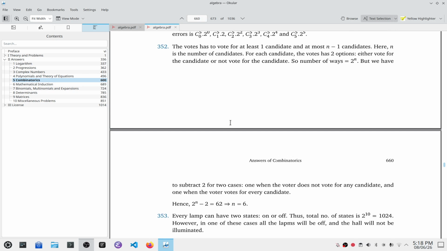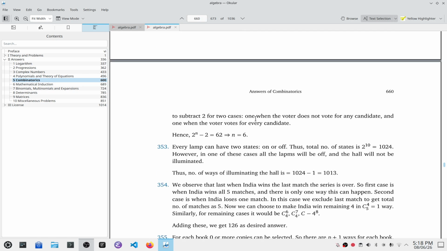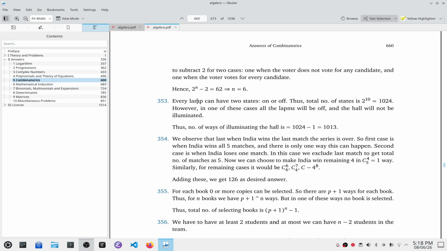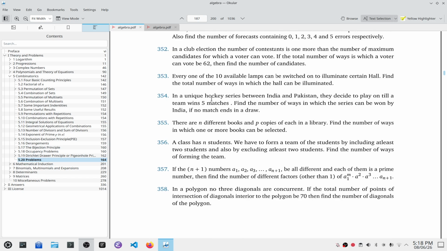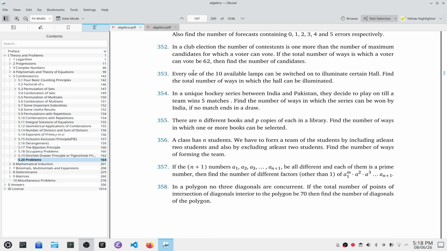But we have to subtract 2 for 2 cases: one when the voter does not vote for any candidate, and one when the voter votes for every candidate. The total number of ways is 2 to the power n minus 2, which is equal to 62, so n is equal to 6.